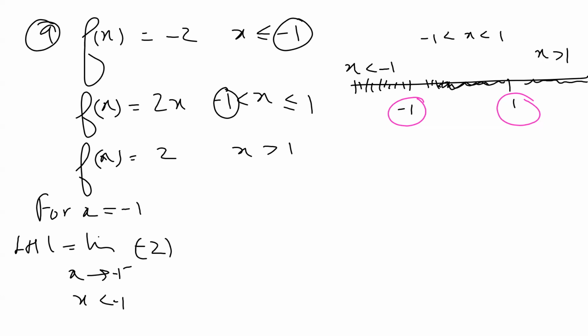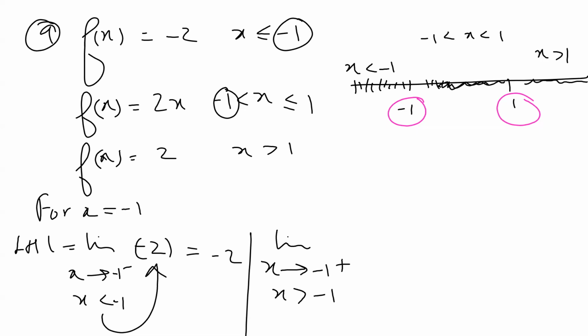Here it's a limit of a constant, so it is directly the constant. There is no x term over here. For the RHL, -1 plus, x greater than -1, so that is 2x. Now here you need to use the h method in the RHL because x is there.